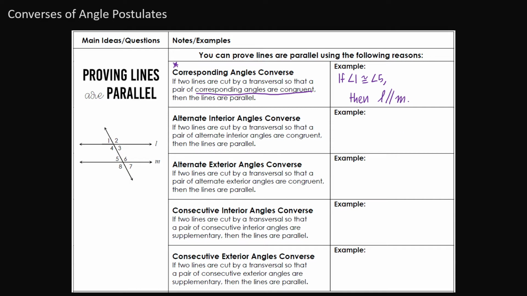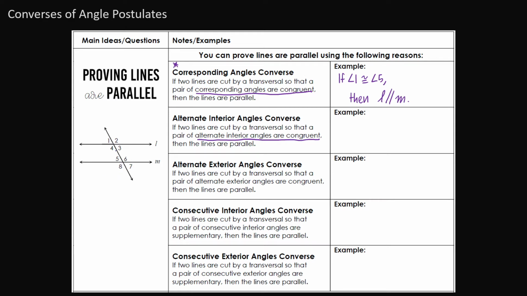Let's look at the next one, the alternate interior angles converse. If a pair of alternate interior angles are congruent, if that is true, then the lines are parallel. So let's find an example of alternate interior angles in this diagram.